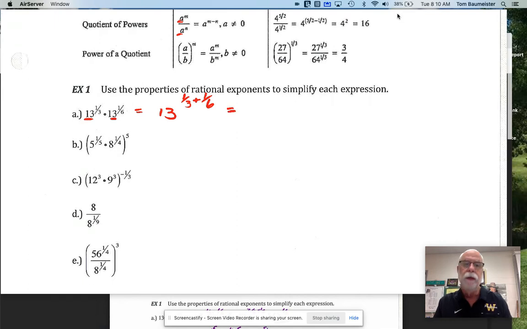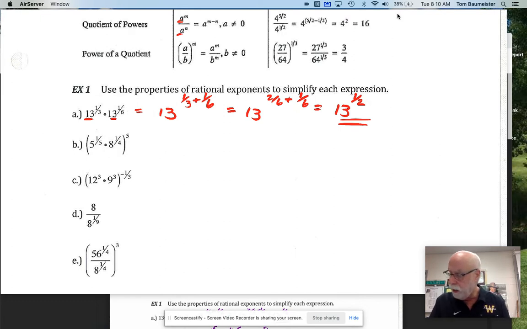Again, remember on that, I'm going to need a common denominator. So 1/3 is the same as 2/6. So I multiplied the top and the bottom by 2 to get a common denominator. And then I'll have 13 raised to the 1/2 power, because 3/6 reduces to 1/2.